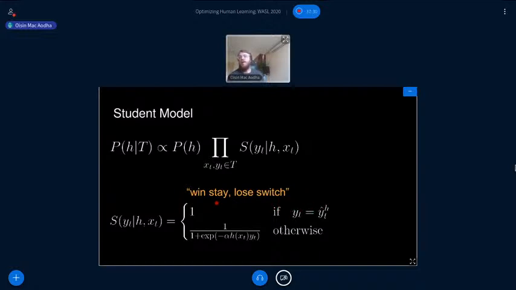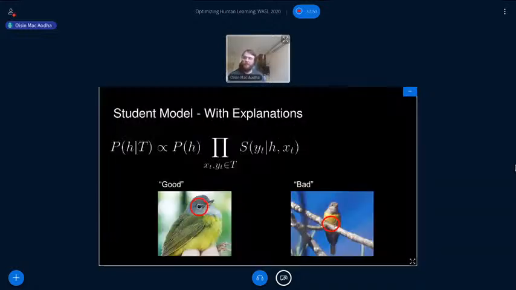So there's no incentive to change your mind if what you believe is currently consistent with the information you're getting from the teacher. However, if there's a discrepancy, and we can model this as a simple logistic function, you're going to downweight a hypothesis if it disagrees with the examples you've seen to date. Okay, so it's quite a simple likelihood given the sequences of examples.